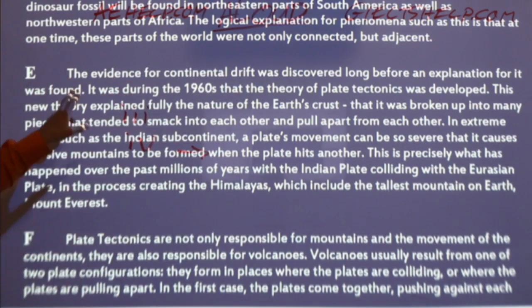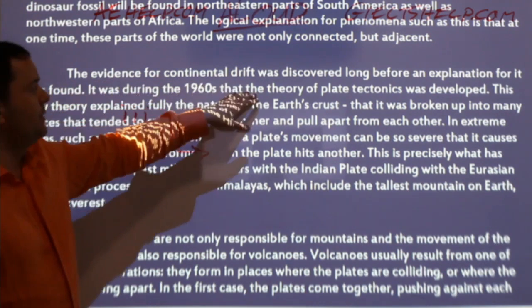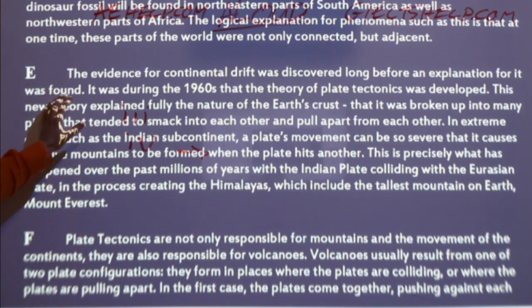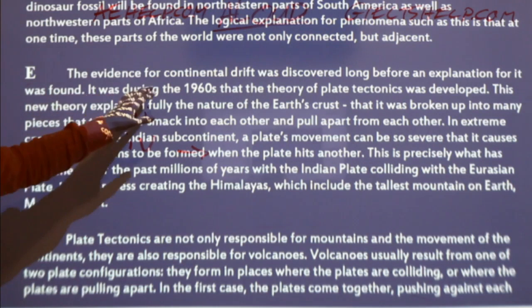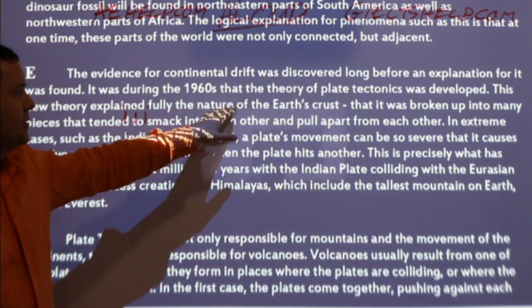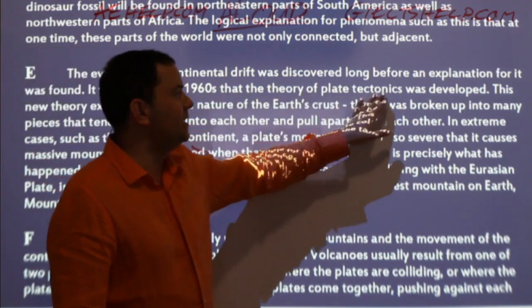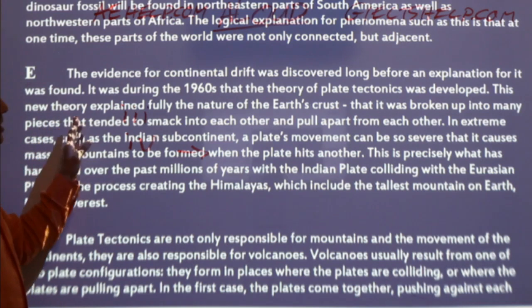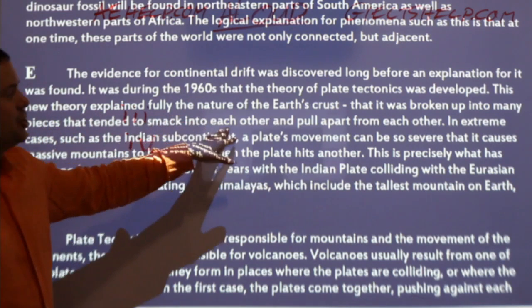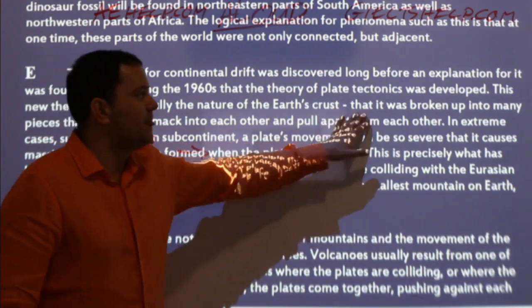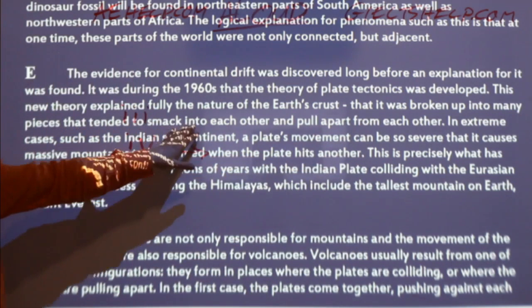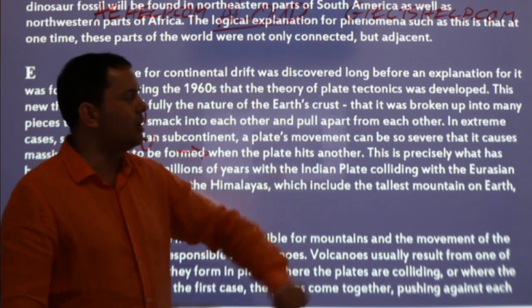3, 2, 1. The evidence for continental drift was discovered long before an explanation for it was found. It was during the 1960s that the theory of plate tectonics was developed. This new theory explained fully the nature of the Earth's crust, that it was broken up into many pieces that tended to smack into each other and pull apart from each other.